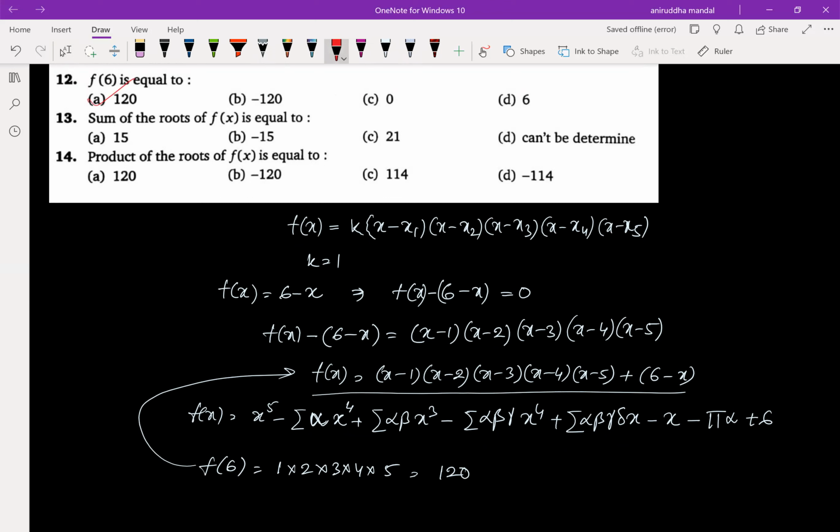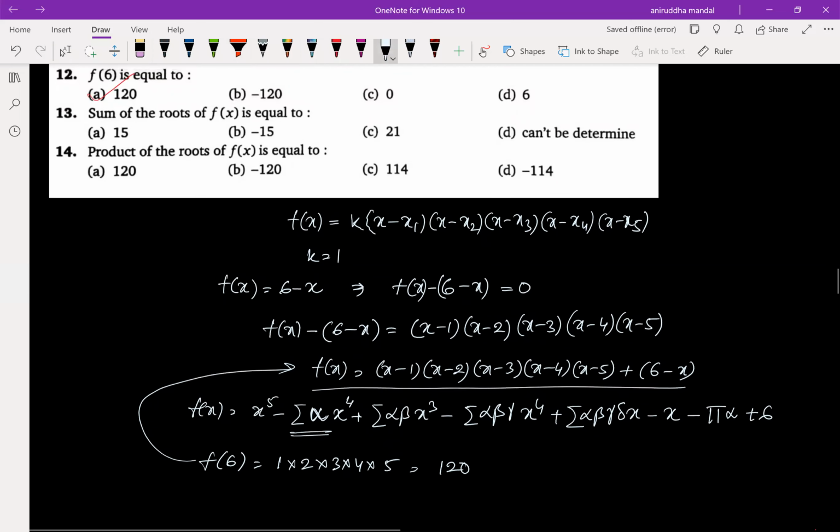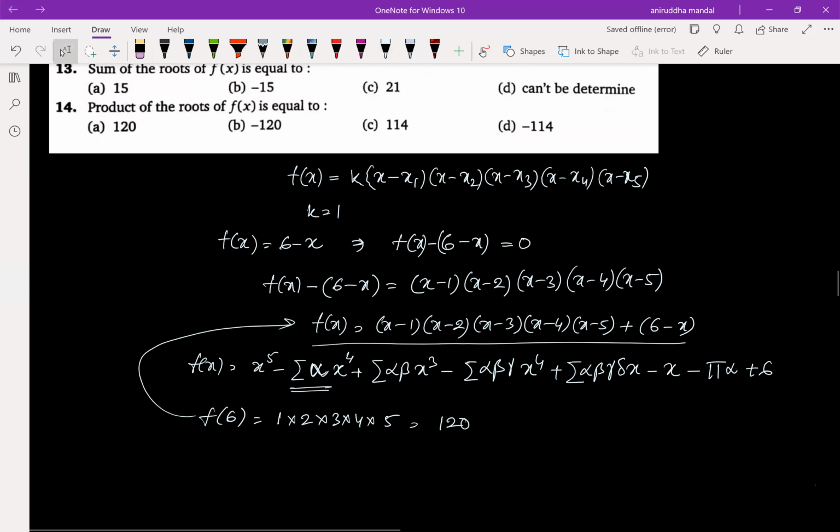Then the sum of the root of fx. The sum of the root of fx is minus b by a. This is the first term. So this is sigma alpha. So sigma alpha means 1, 2, 3, 4, 5. Okay, so this is 15.